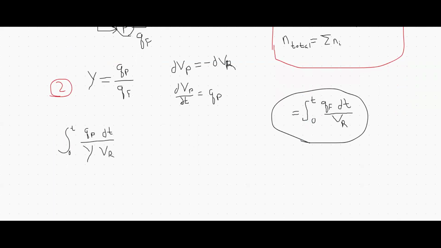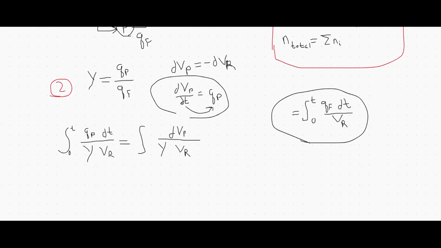And you'll notice, if we brought the dT over next to the QP, we can plug that into our expression again. And now we can write the integral of this, and this QP dT will become dVP over VR.